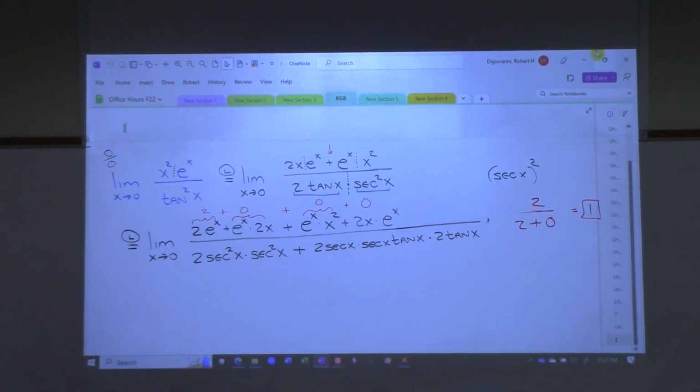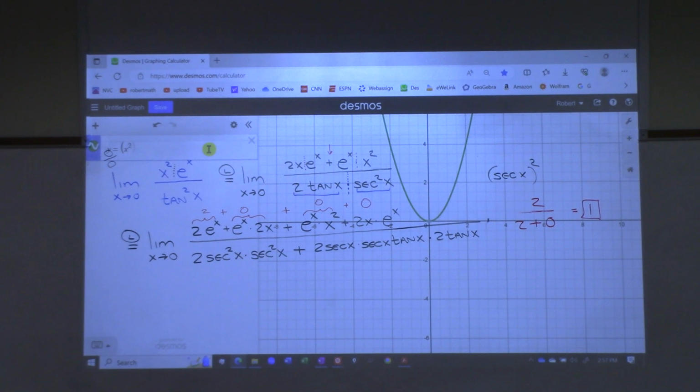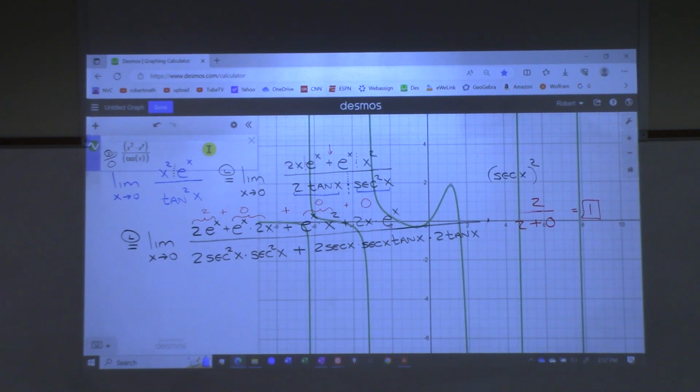I would like for us to not lose sight of what we're doing here. If I go to Desmos, and if I were to graph this as a function, right? Y equals x squared times e raised to the x, all of that over tangent squared x, so I'm going to put tan x squared.